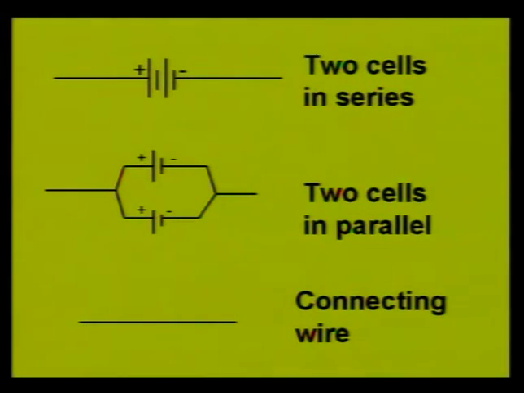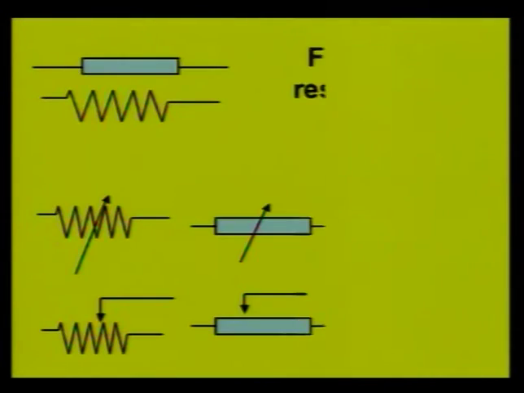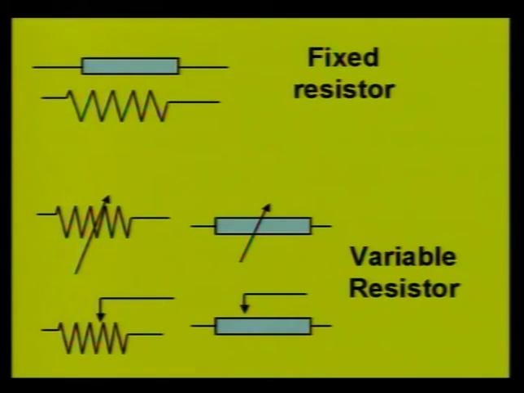All right, here is the next. You have a fixed resistor and also a variable resistor.